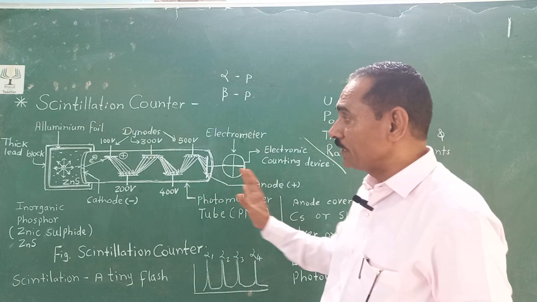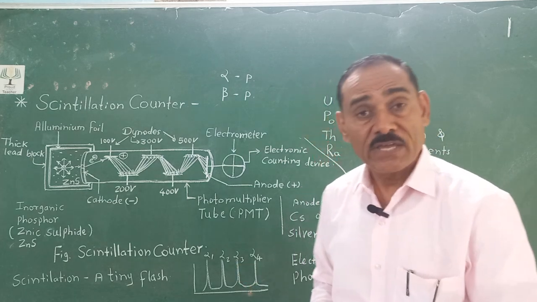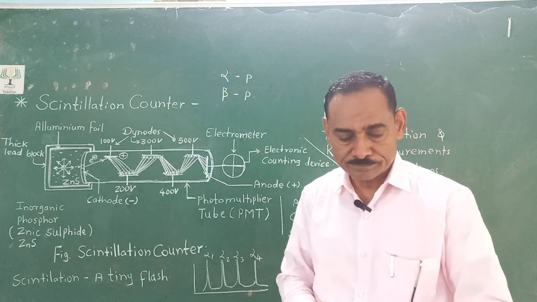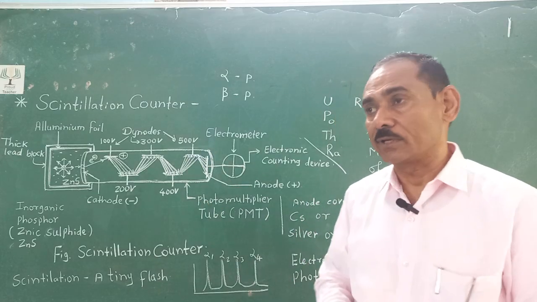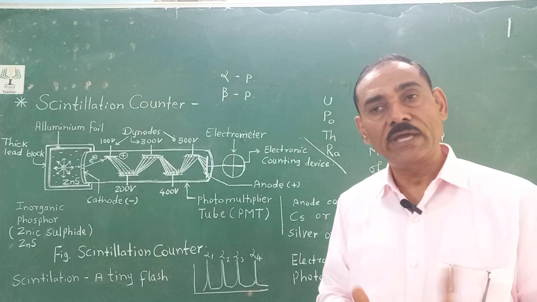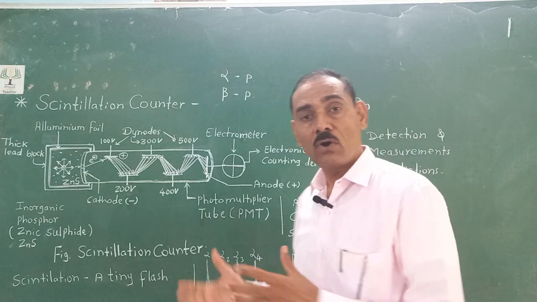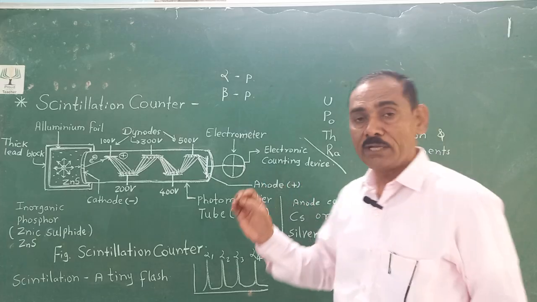The advantage of this scintillation counter is that it is simple to operate as compared to the GM counter. See, in the GM counter, argon gas and ethanol are used: 90% argon gas and 10% ethanol vapors.